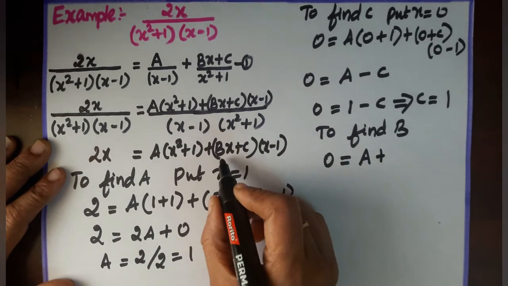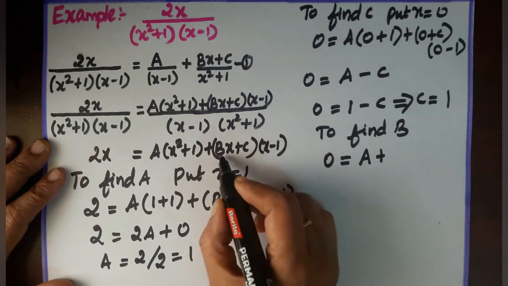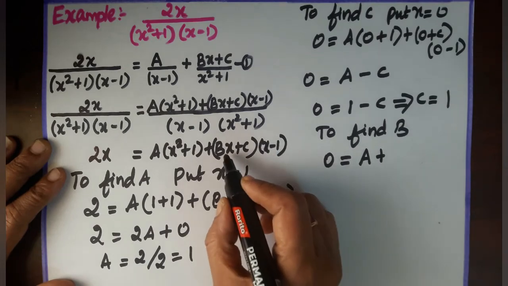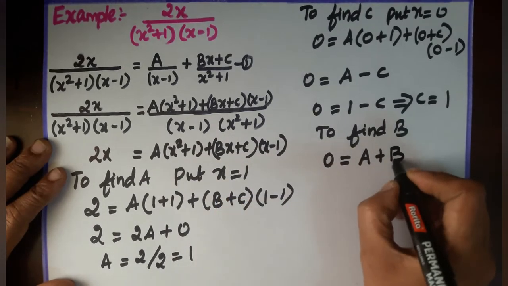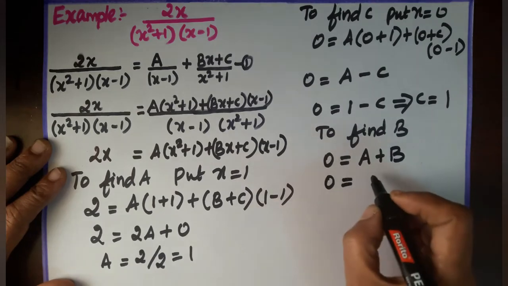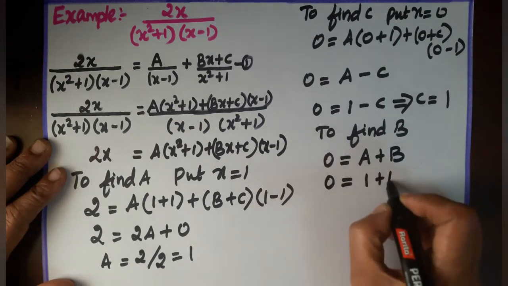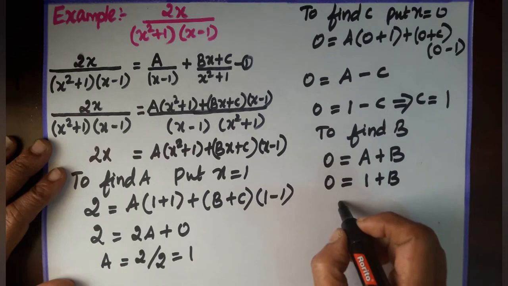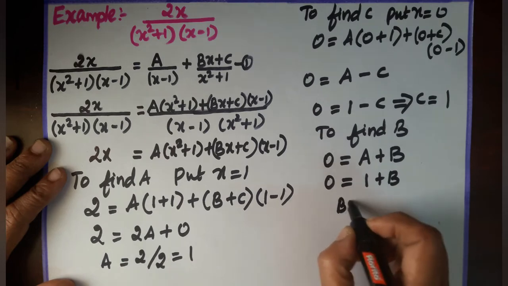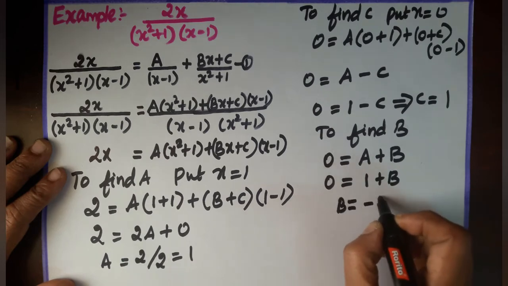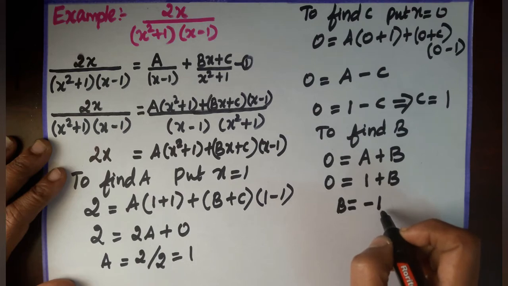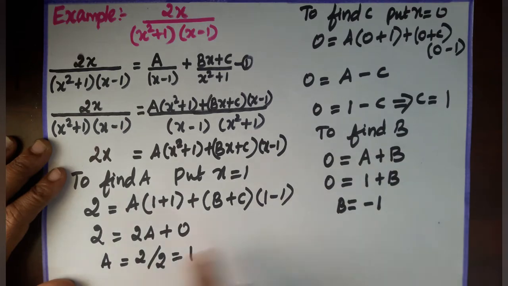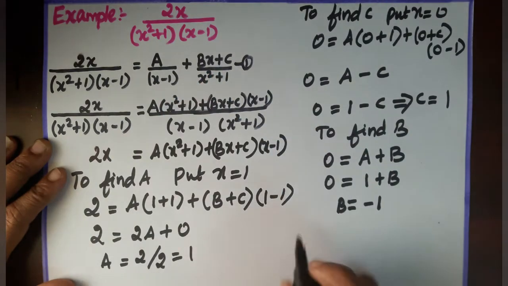In the second term, bx into x is bx square, so the coefficient of x square is plus b. We know the value of a is 1. 1 plus b, which gives b equal to minus 1.